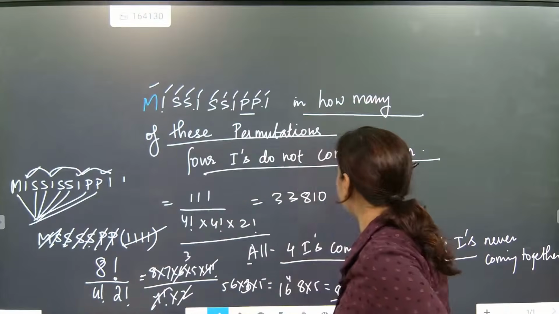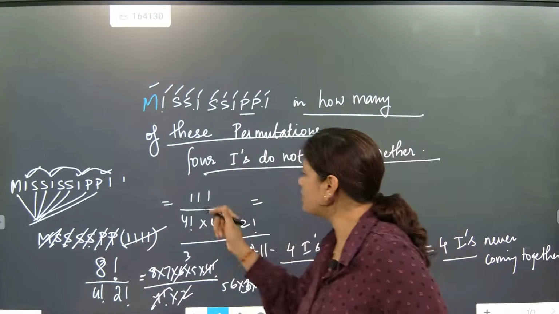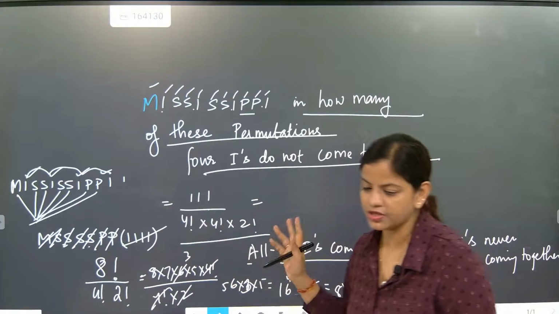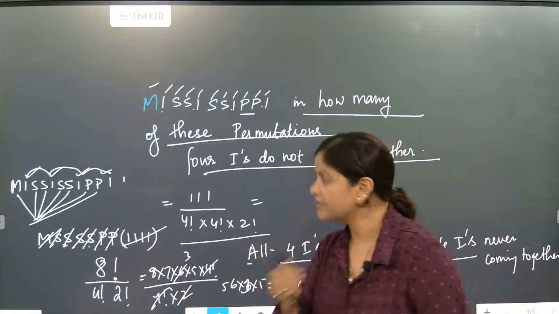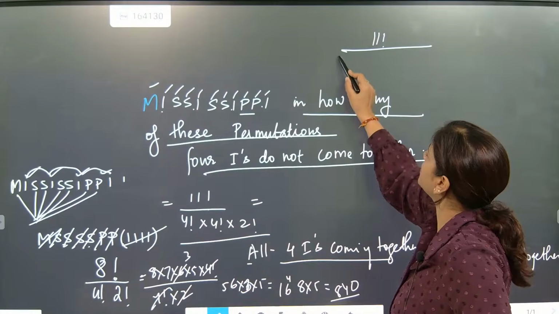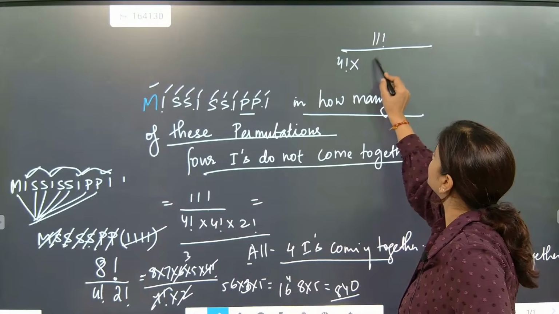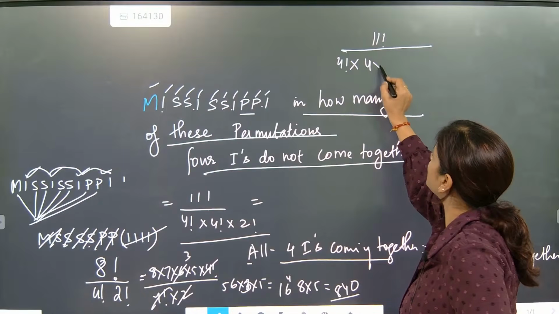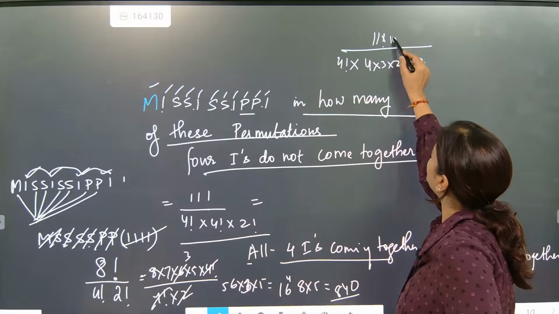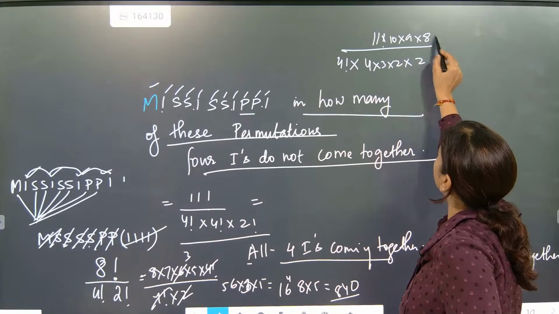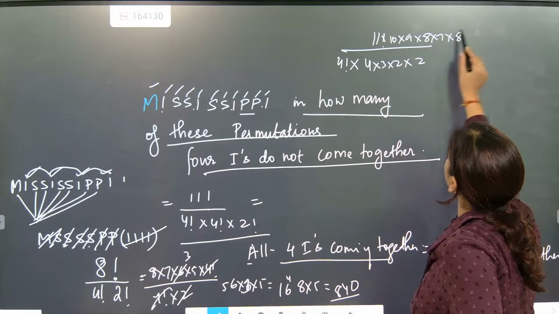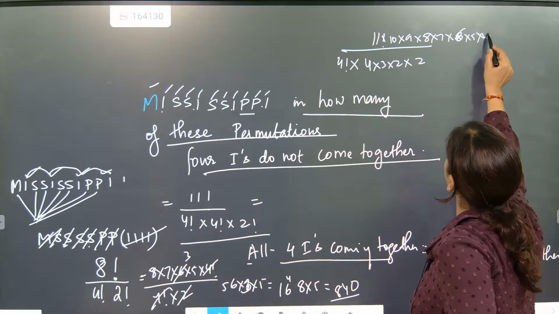So here, how much is the total coming? I did not count the total now. I thought you told me that number. Together, 11 factorial. Wait, then I will find 11 factorial. 11 factorial by 4 factorial into 4 factorial into 2 factorial. 11 into 10 into 9 into 8 into 7 into 6 into 5 into 4 factorial.